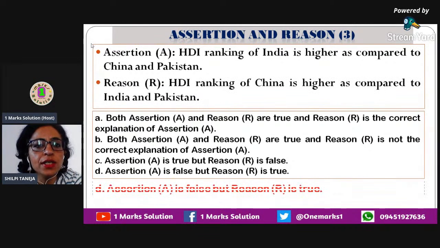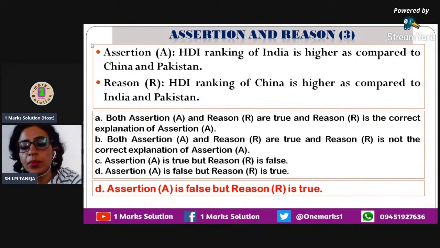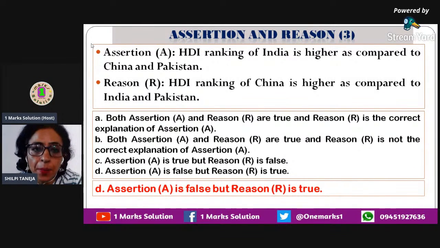Now question 3 says, assertion, Human Development Index ranking of India is higher as compared to China and Pakistan. When we see the data, we can easily see that China is always having better performance than India and Pakistan.